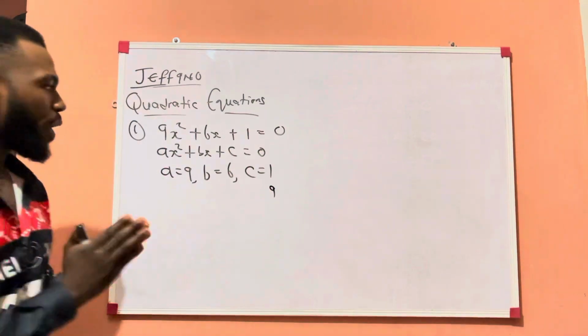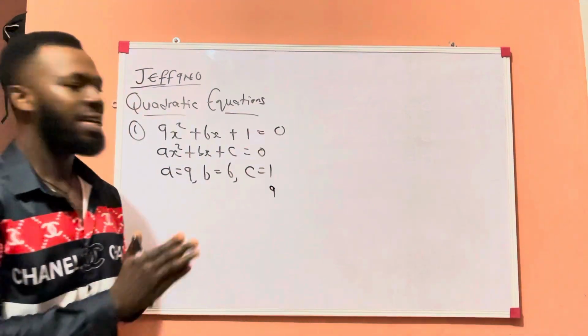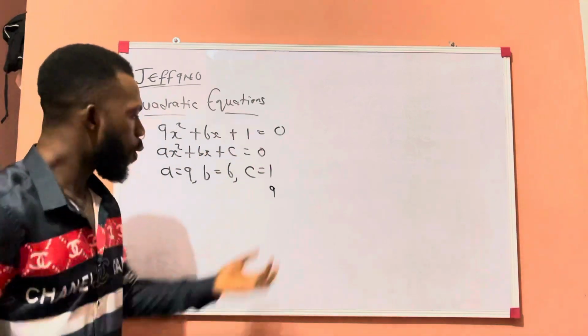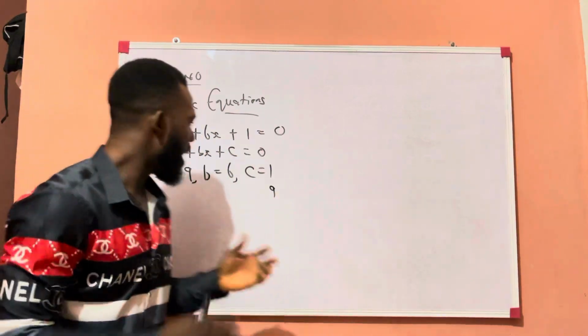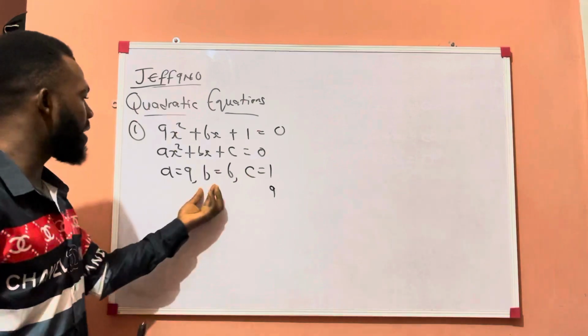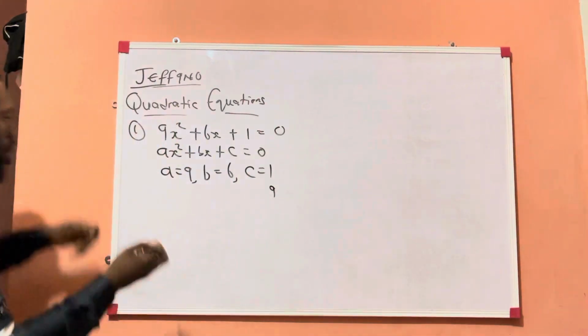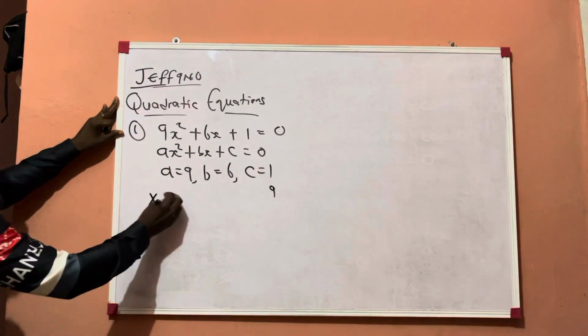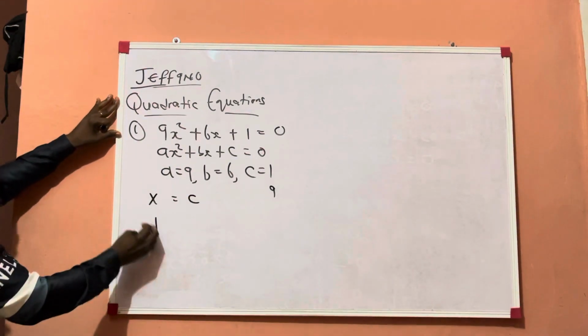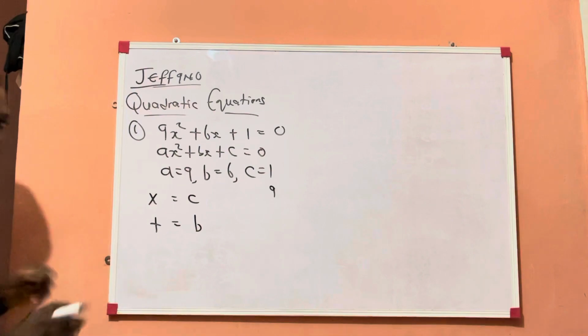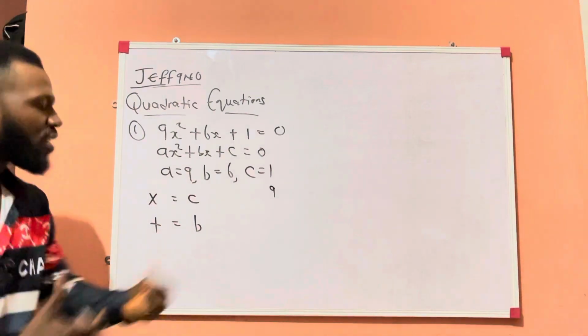It means we are going to look for 2 numbers that when we multiply, we will get the value of 9, and when we add, we will get the value of b, which is 6. So what does that mean? It means you multiply to get your c, and you add to get your b. Simple as that. So now let us see what we can do.